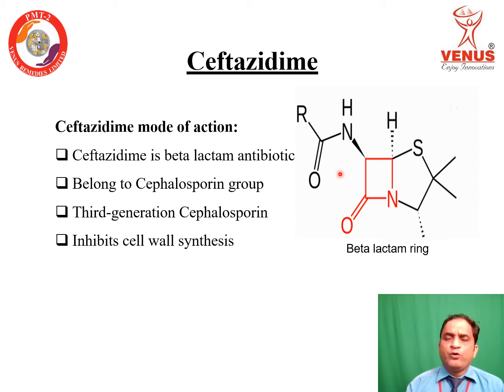The beta-lactam group has four groups: penicillin, cephalosporin, monobactam and carbapenem. So here ceftazidime belongs to the cephalosporin group. It also belongs to the third generation cephalosporins and inhibits cell wall synthesis.